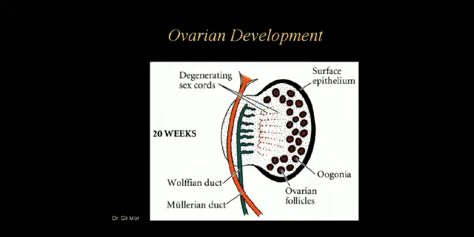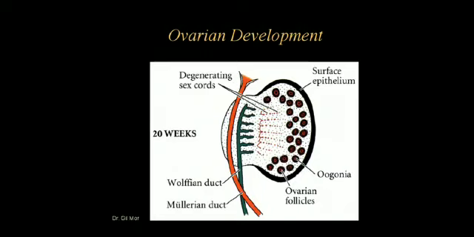During the 11th to 12th week of gestation, oogonia undergo meiotic division to form oocytes, which is the end point of ovarian differentiation. So this is about the gonadal differentiation.